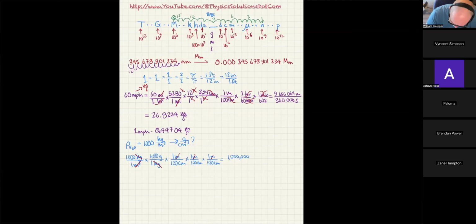Okay, so what we have is 1,000,000 grams for the numerator. And what we have for the denominator is 1 times 100, that's 100, times 100 again, that's 10,000, times 100 again, that's 1,000,000. So I got 1,000,000 grams divided by 1,000,000 cubic centimeters. And that means the density of water is 1.000 grams per cubic centimeter.